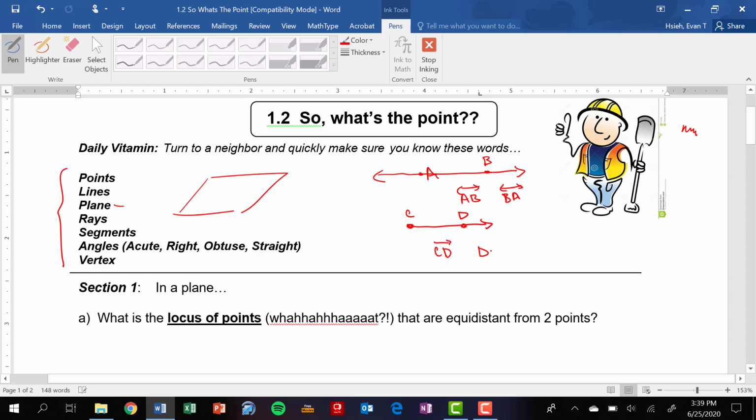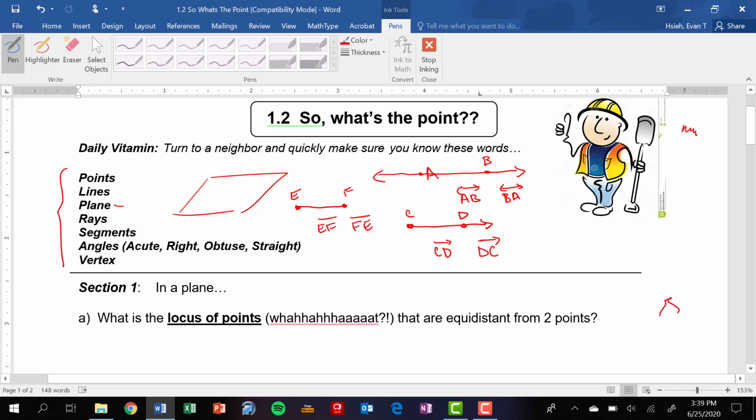It cannot be ray DC. Hopefully you'll see why that makes sense. A segment consists of 2 endpoints, like that, EF, and you can label this segment EF like that, or segment FE like that. It represents the same thing.